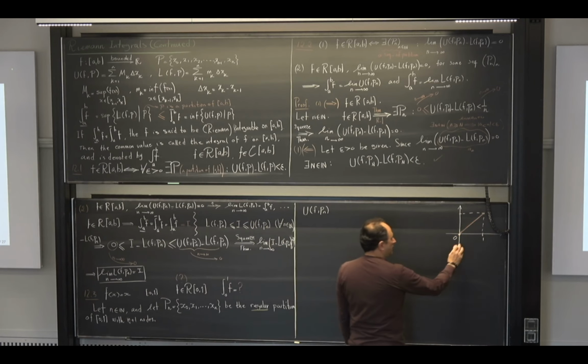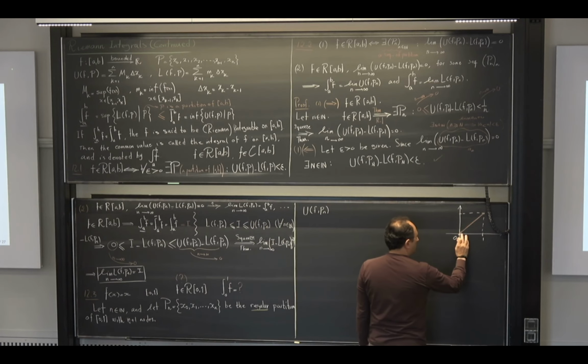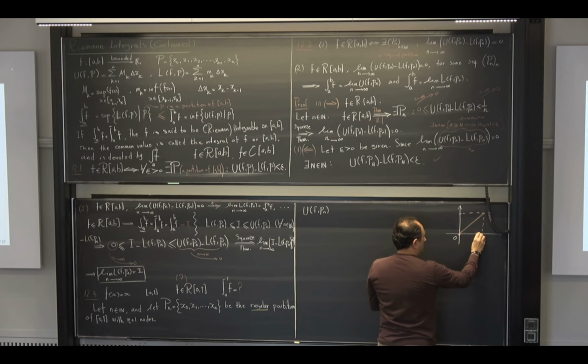So, for example, let me put some dots here and then some dots there. Let us concentrate here. So this is the kth interval, x sub k minus 1, x sub k. Concentrate only on this part now. Okay, let us write this.